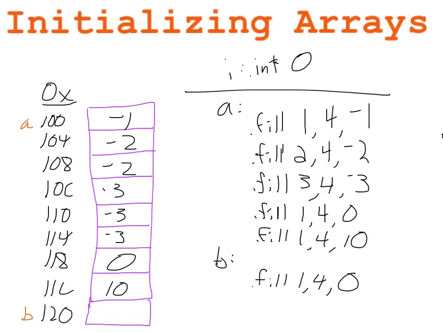Now the way to tell where B would be is to take the starting address of A, which you can tell by our memory map here is address 100, and then add the number of bytes that we're filling. So we're filling 1 times 4 is 4, plus 2 times 4 is another 8, so that's 12, plus another 3 times 4, or 12, to that, so we're skipping a total of 24 bytes so far.